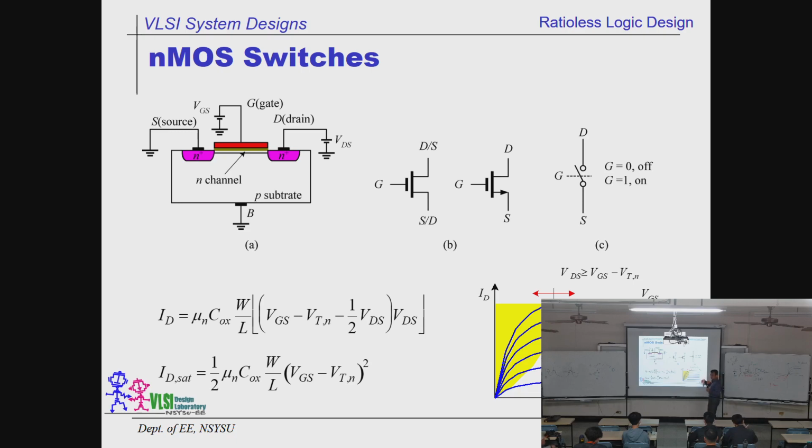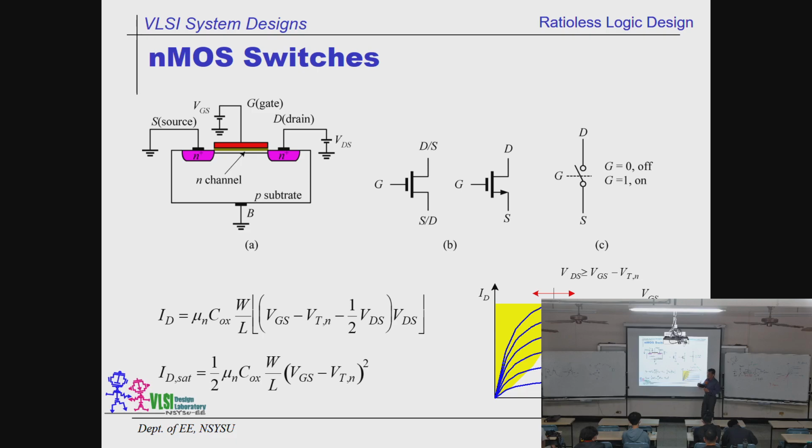And for those information or digital designers, or computer engineering or information engineering people, they always use a symbol which is considered a switch to simplify a real transistor. My advice is that you can do that when you are doing the logic design.